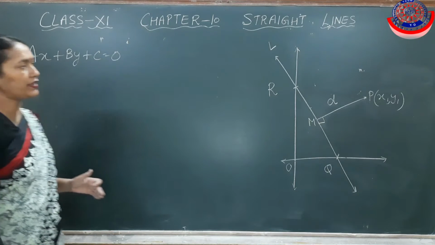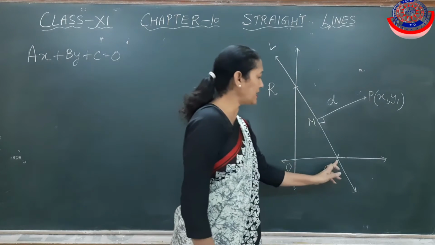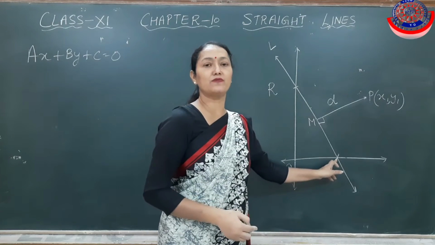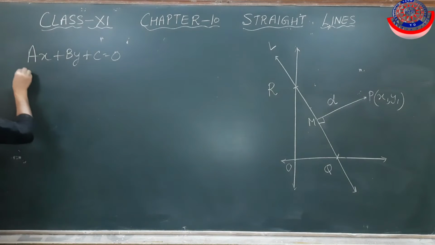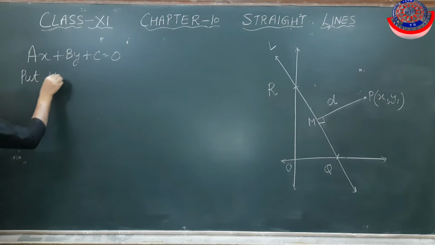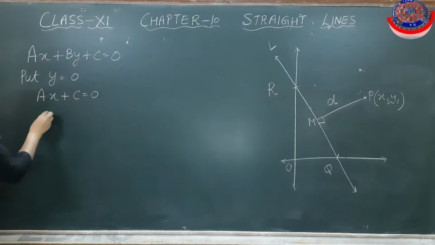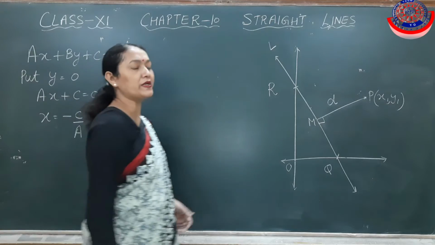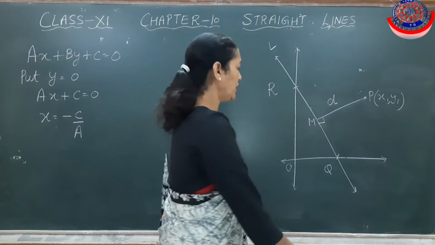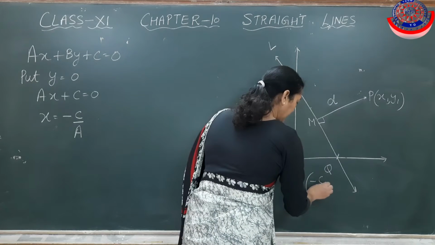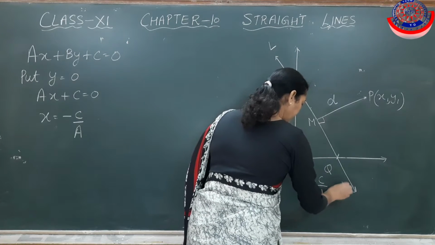Now if I want to find where this line L intersects the x-axis, x-axis means the value of y is 0. So if we put y = 0, we will have ax + c = 0, which implies x = -c/a. Or this we can recall from when we wrote the slope intercept form. At that time also we wrote these values. So coordinates of Q will be (-c/a, 0).